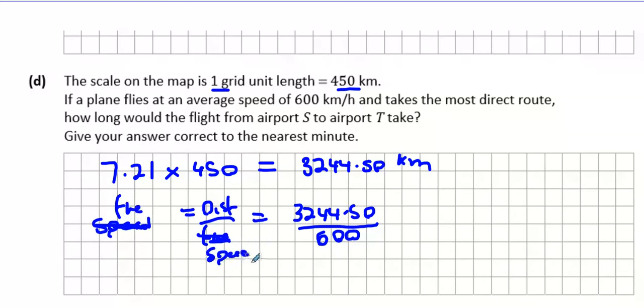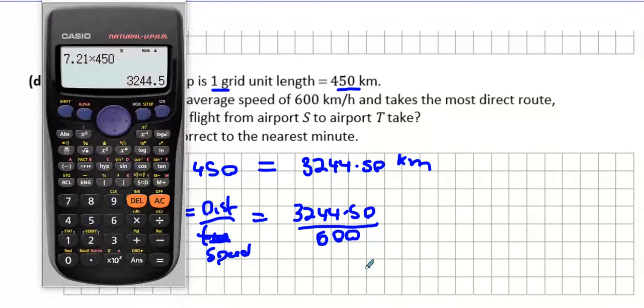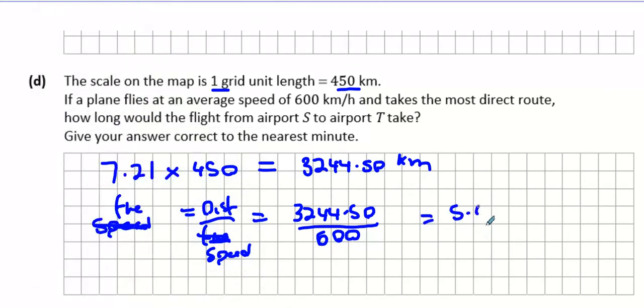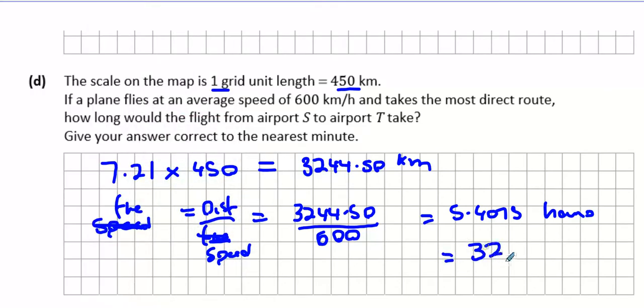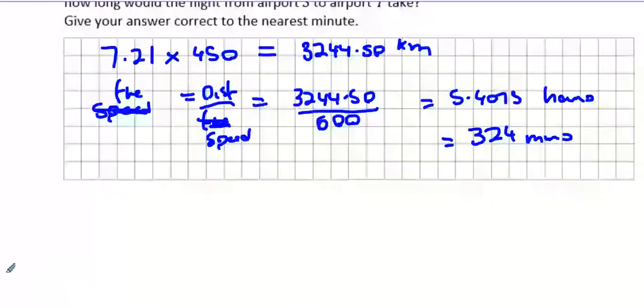So it's 3,244.5 divided by 600. This will give me the answer in hours, so it's 5.4075 hours. Now I'm going to multiply that by 60 to convert it into minutes. So 324 minutes to the nearest minute. Okay, that's D done.